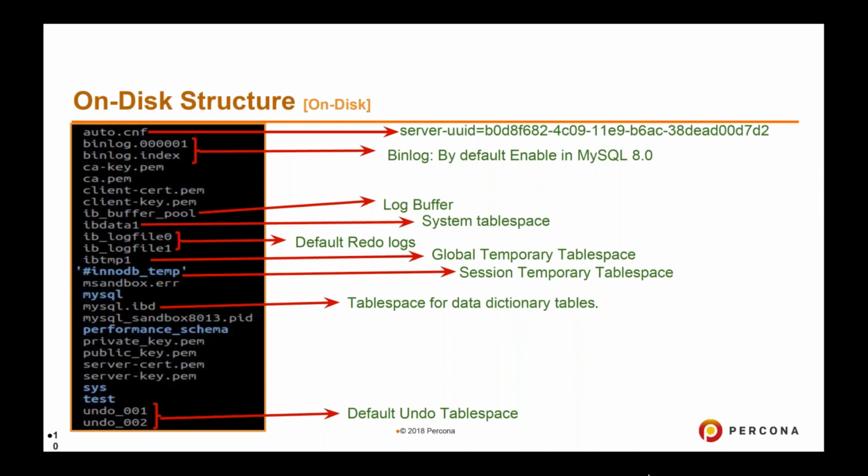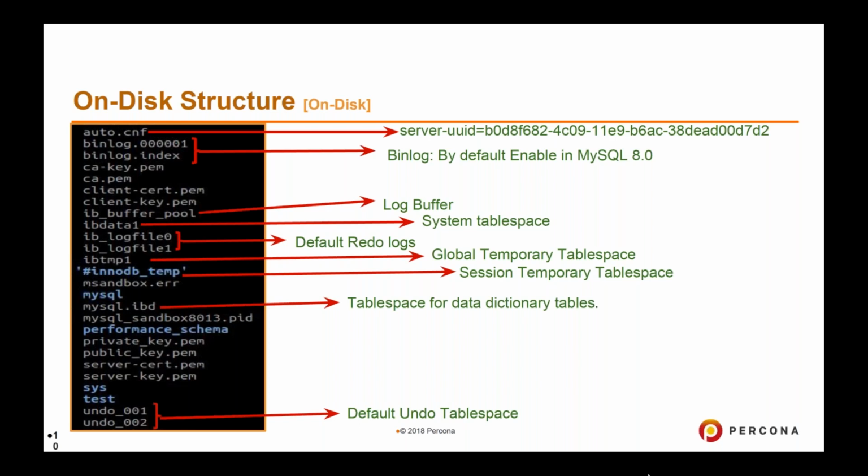Now the variable name is expire log days, and its default value is set to 30 days. That means even if you forgot to set this, whatever binary logs are older than 30 days will get automatically purged by that setting.